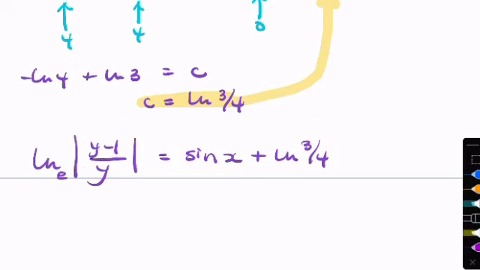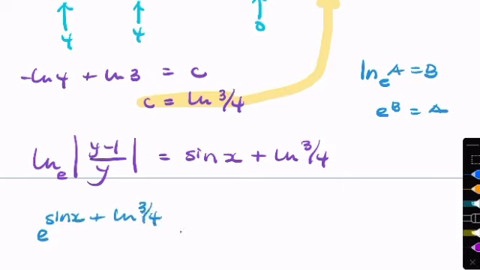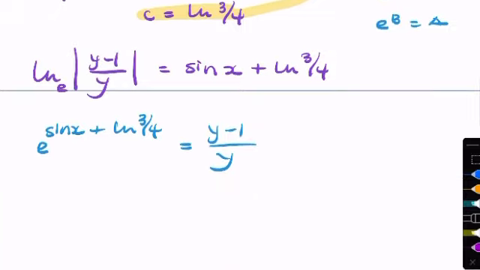Remember the definition of log: if you have log of a equals b, then it means e to the power b equals a. So in this case, we've got e to the power sine x plus log 3 over 4 equals y minus 1 over y.